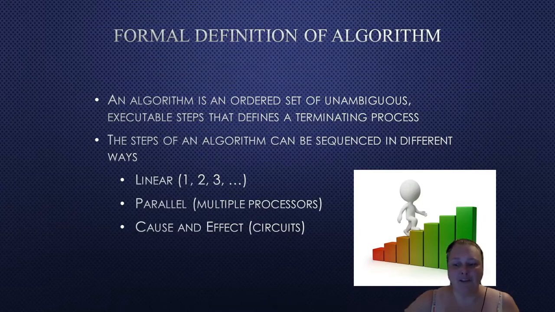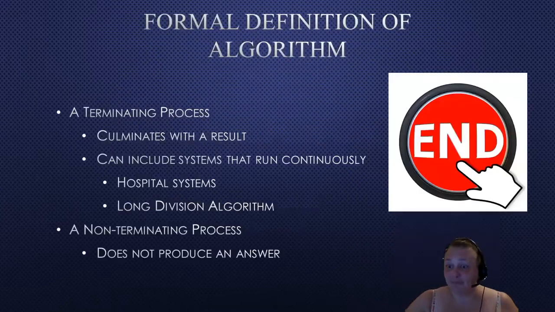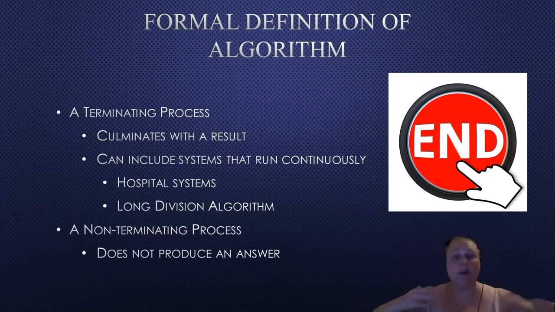So let's look at that process ending, that terminating portion of the process. The requirement of the process is that it must terminate. It's in the definition. This means that your algorithm has to have an ending point. There has to be a point in which you can say, yes, we are now complete. Now, sometimes you can have an application that does not terminate, such as something used in the medical field like a heart monitor, right? It's just going to keep monitoring that heart rate.